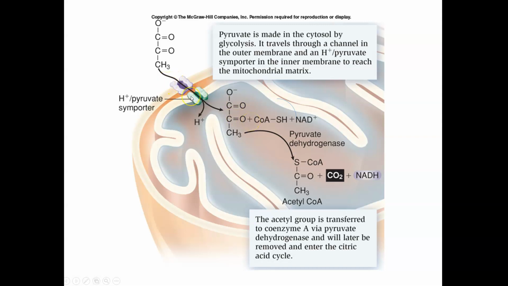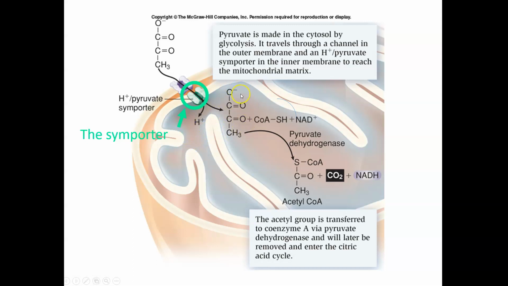And so we're going to do that using a channel protein and a proton pyruvate symporter. Symporter implies that 2 things are getting transported in the same direction at once. So we're going to increase the H+ concentration as we do that here in the inner mitochondrial matrix.